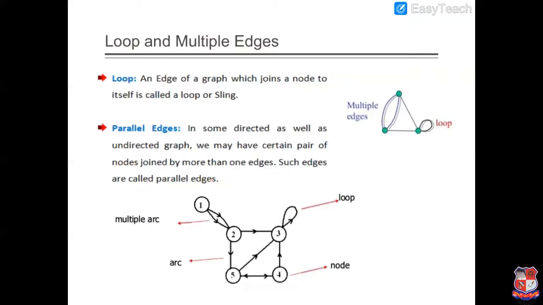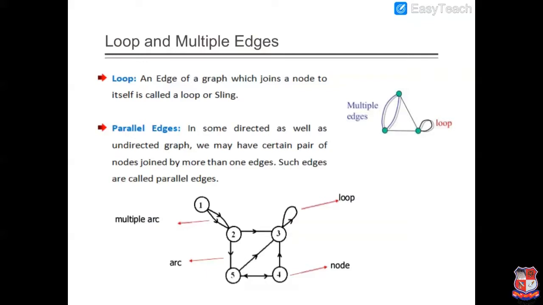Here in a given graph, there are two edges between vertex 1 and 2, and both edges are in the same direction. Therefore, these two edges are called parallel edges. Here at node 3, there is one loop that starts and ends at the same vertex 3.